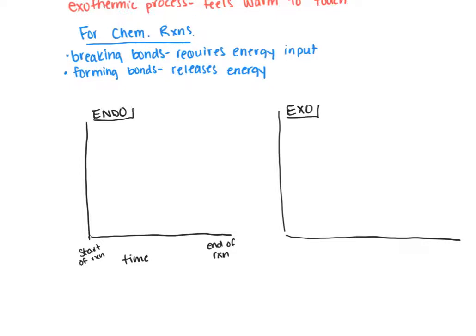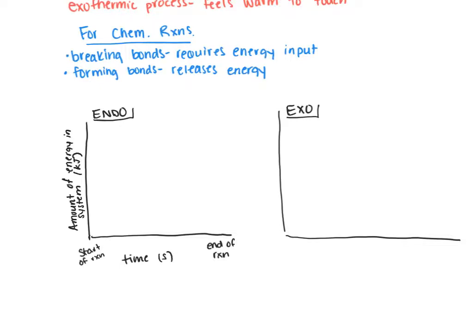And then on our y-axis, we're going to have the amount of energy in the system, and this is going to use units of either joules, kilojoules, something along those lines. So I'm just going to say in this example, we'll use kilojoules. And then for time, we'll use seconds.